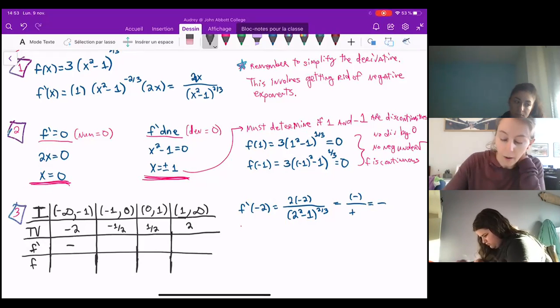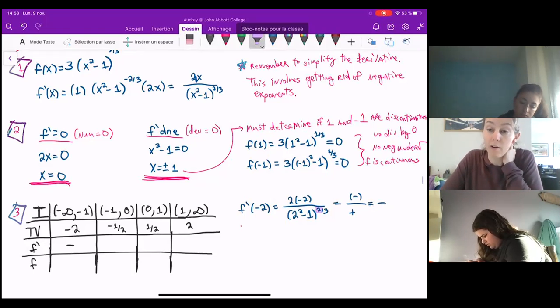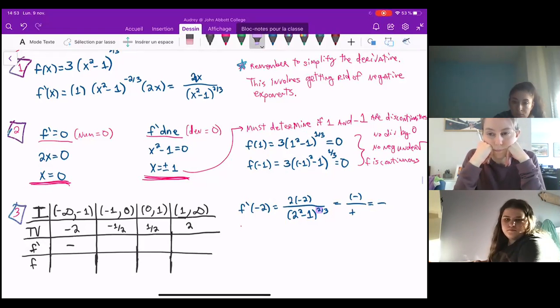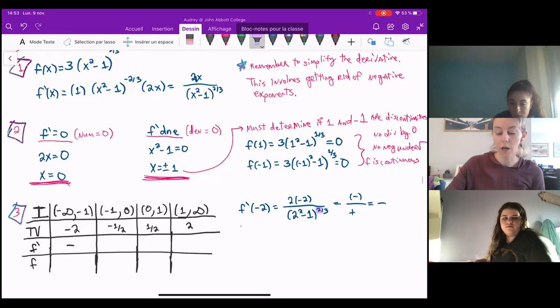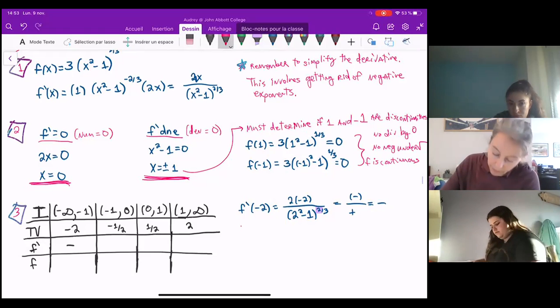Now I just want to point out that that 2 on top means that I'm squaring this thing. If I square something, can it ever be negative? No. So an even number on top means that it will always be positive.